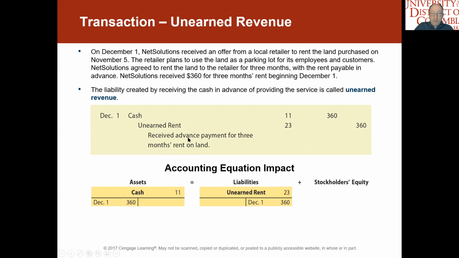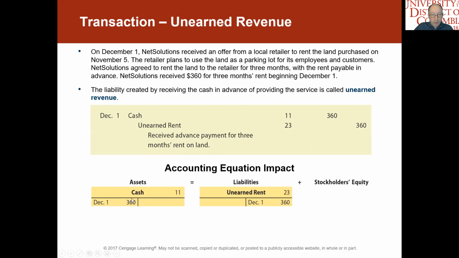This is received advance payment for 3 months of rent on land. Our company, NetSolutions, is renting land to another company, and that company is paying us the rent. They paid us 3 months in advance. That's kind of a breakdown of this transaction.